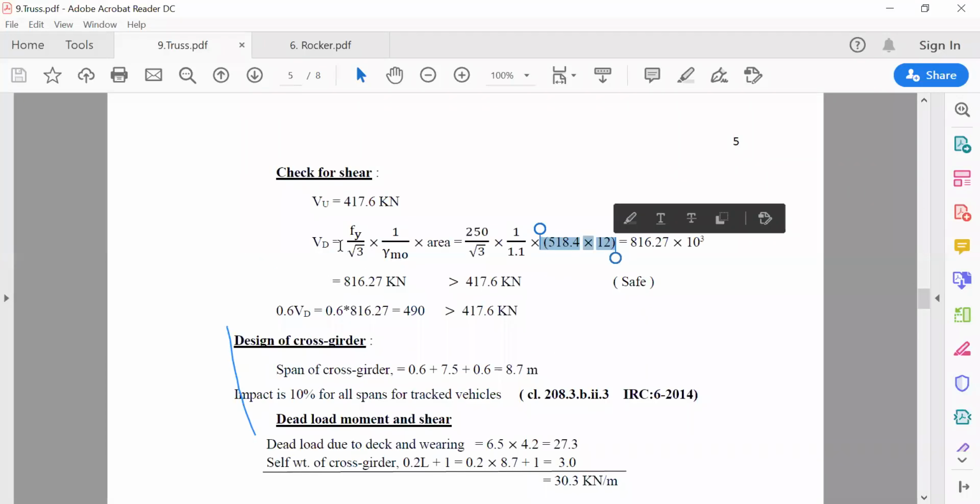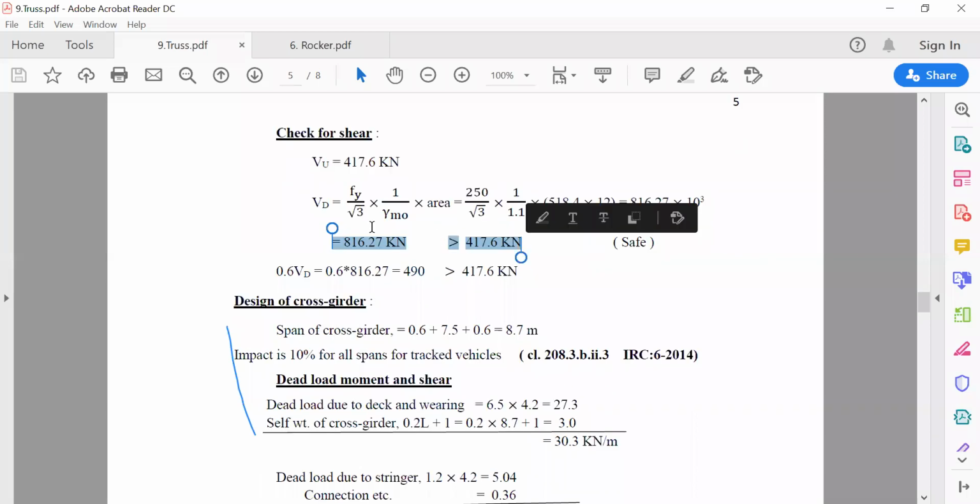Then you see that the capacity is more than the applied shear force. You should also check, as in my video, that even 0.6 of your capacity should be greater than the applied shear force. Otherwise, it is a condition of high shear.